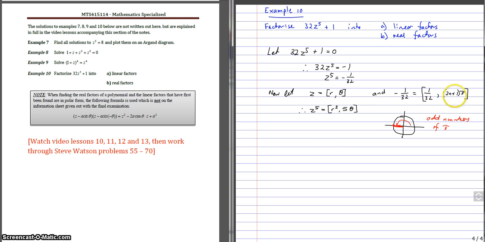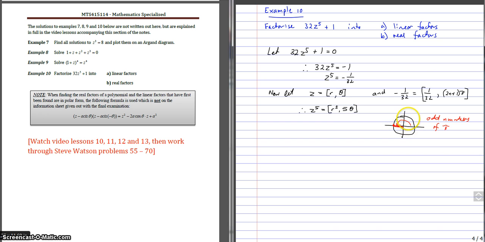How did I come up with that? Well, you might remember that when we had a positive number, our first value was just an angle of 0. Well, we can't start with an angle of 0, we're starting with an angle of pi. And then we have multiples of 2 pi after that.